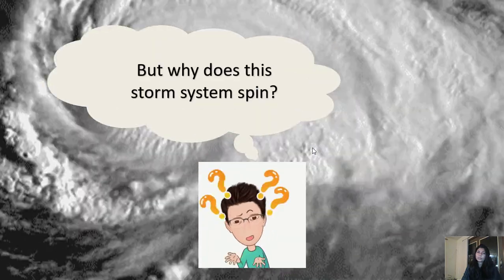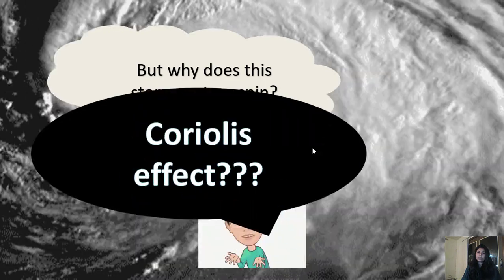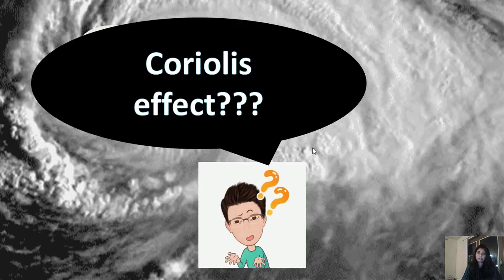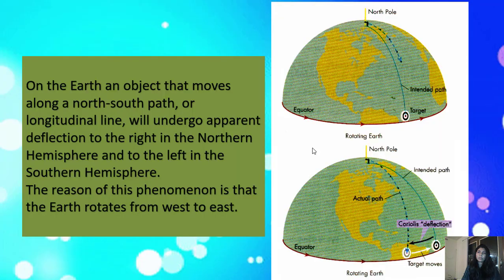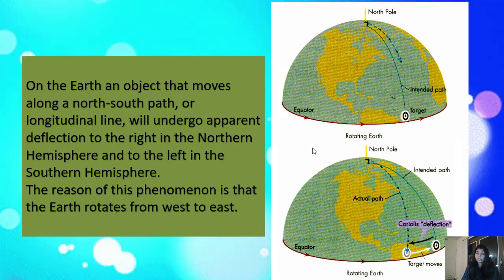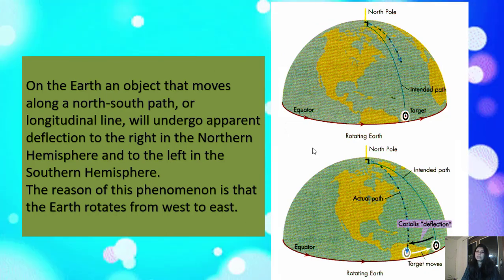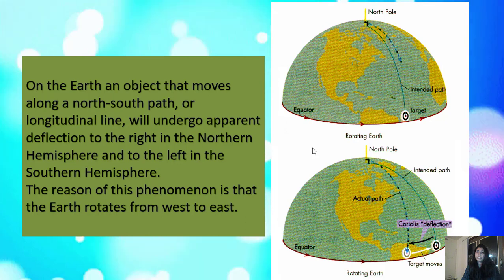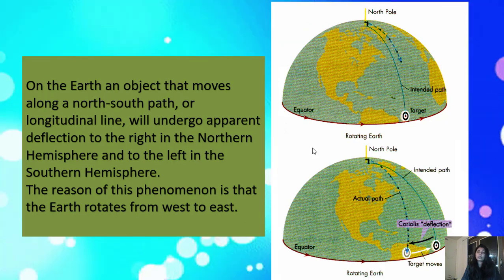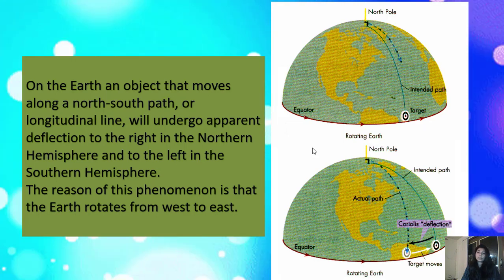But why does a storm system spin? The reason behind its spinning is the Coriolis effect. As you know, Earth is a spinning, rotating body. So anything that moves on a rotating body tends to change its position, its path.